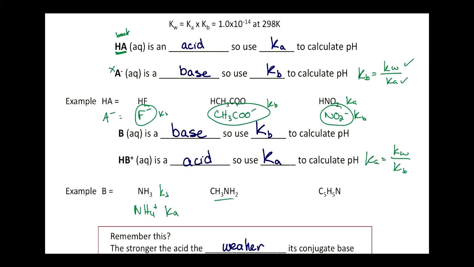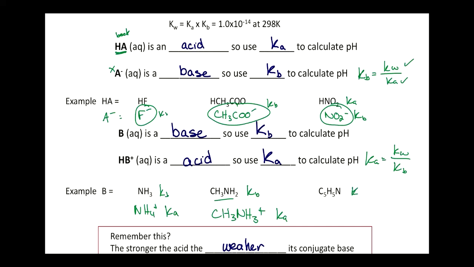Or here, this is methylamine. Okay, so methylamine, you use Kb because it's a base. But if you see CH3NH3 plus, that's its conjugate acid. So you use Ka, right? Or here, this is pyridine, C5H5N.